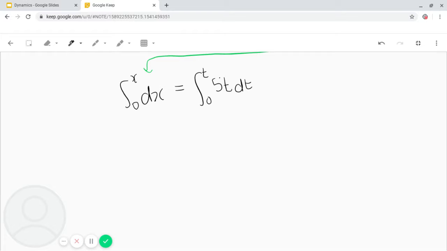Then we simply do this integration, and we end up with x equal to 5t over 2.